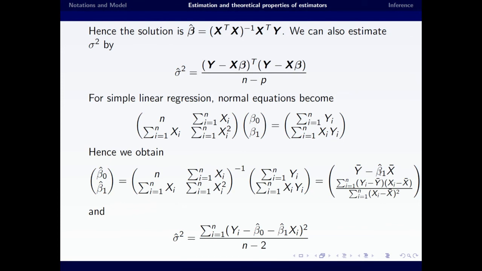you can get the 2 by 1 vector, and the sigma square hat, which we express using e_i as the residual, is the sum of e_i squared divided by n minus 2.